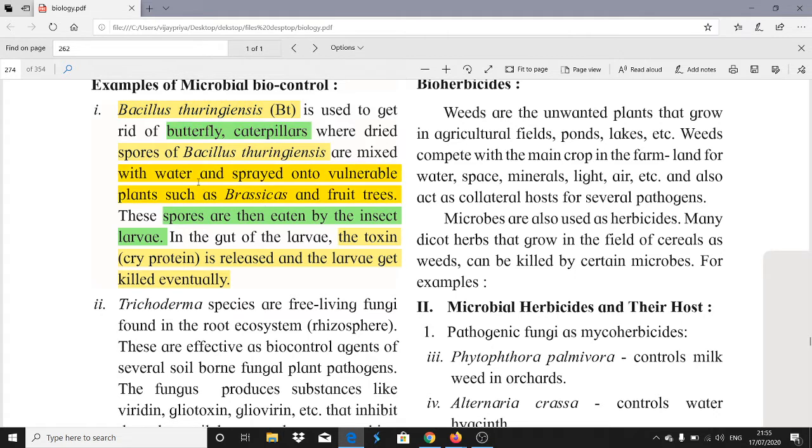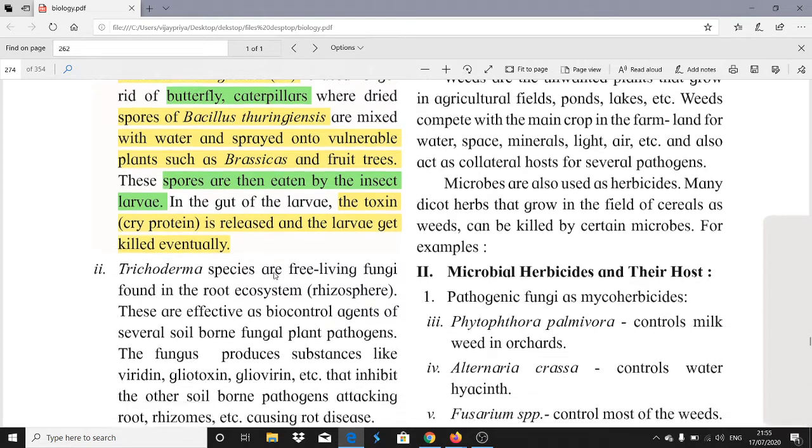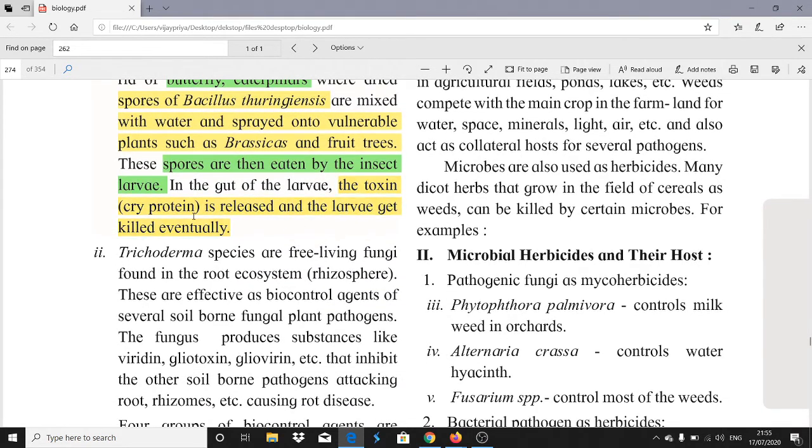We mix the spores in water and spray them on the plants and trees, and as the larvae eat those spores, the toxin in the cry protein gets released in the gut, and because of that toxin the larvae get killed eventually.